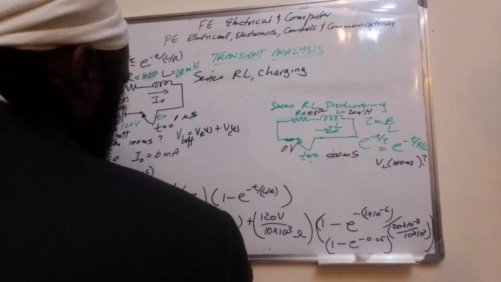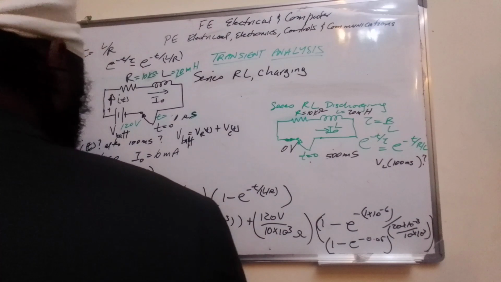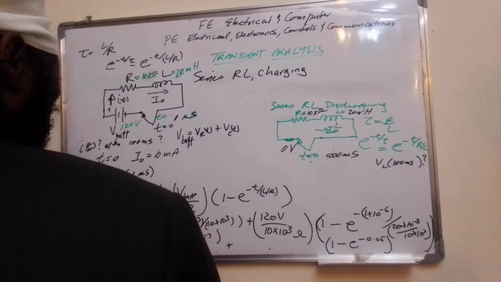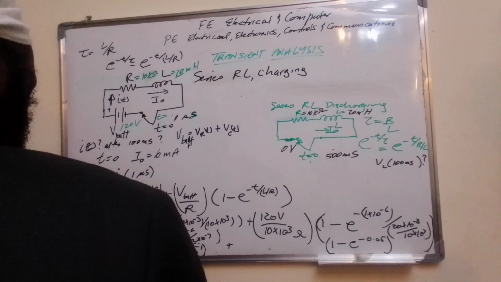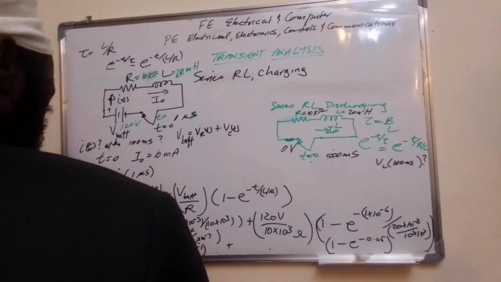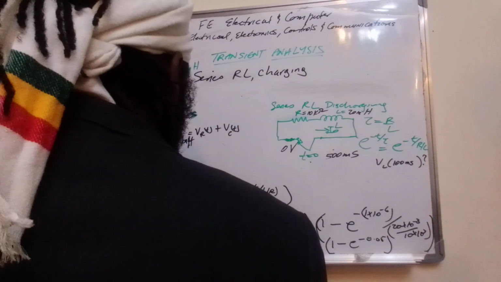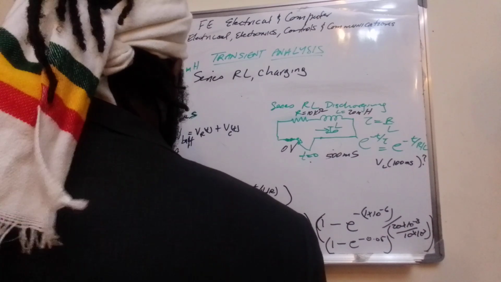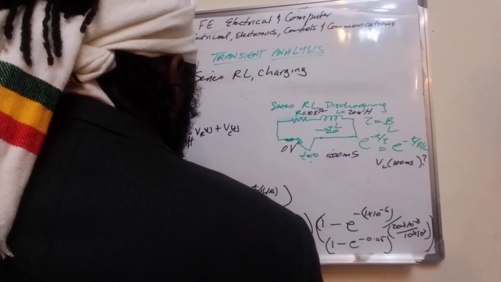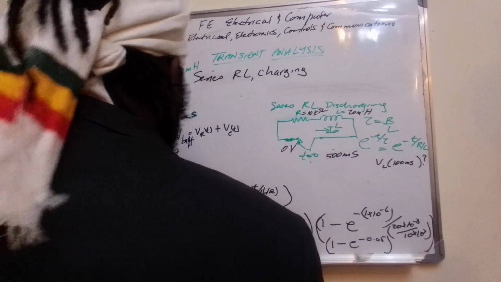This one would be plus, then this would be 120 divided by 10,000, which is equal to 1.2 times 10 to the minus 2, right?